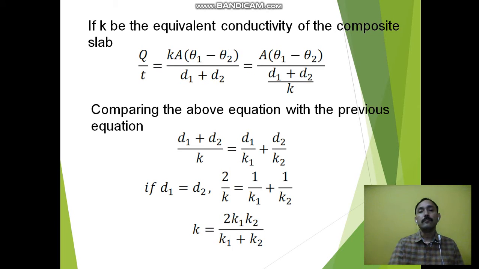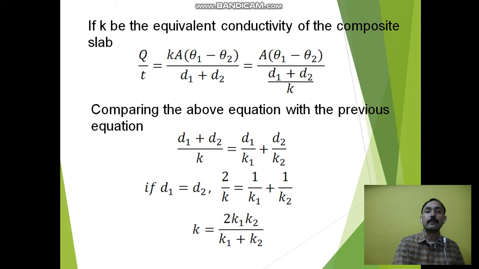Now let us divide the numerator and denominator by K. So Q by T is equal to A (θ1 minus θ2) by ((d1 plus d2) by K).